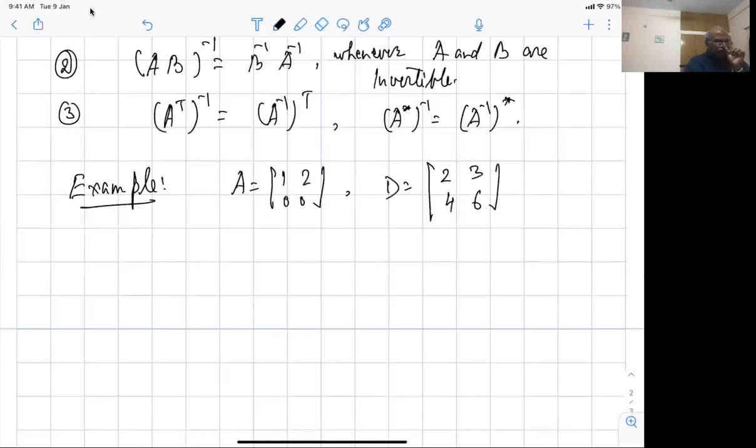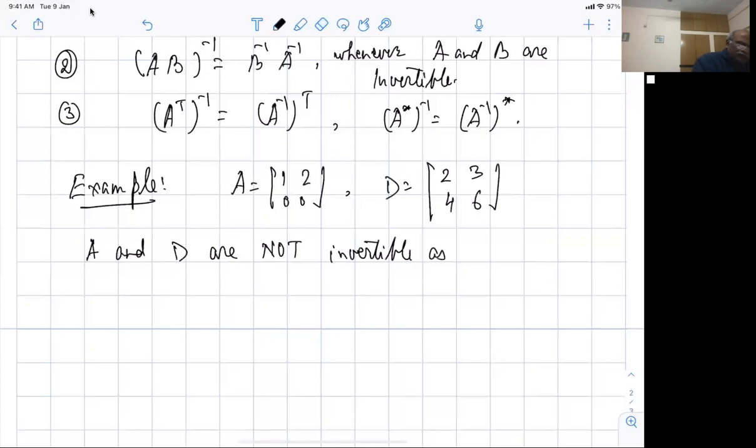From your class 11th or 12th, wherever you learned matrices, you can say that A and D are not invertible, as determinant of A is the same as determinant of D, which is 0. Fine, that you would have learned. But let's try to look at something more.